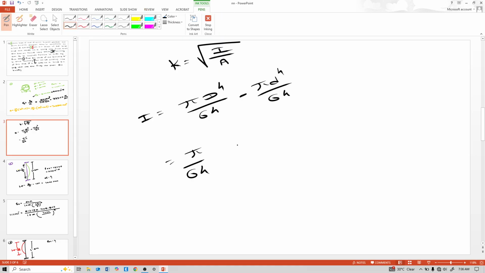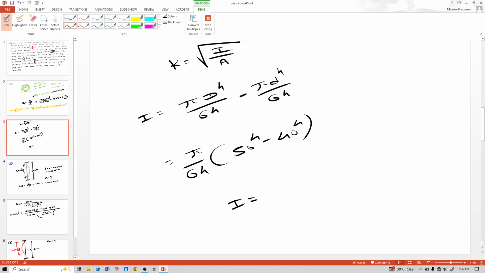Capital D is 50 mm, 50 raised to 4, minus small d is 40 mm, 40 raised to 4. So this I is equal to pi by 64 into 50 raised to 4 minus 40 raised to 4.